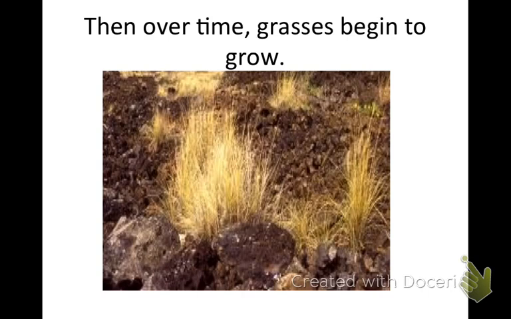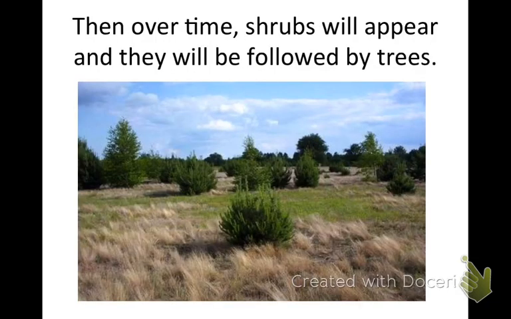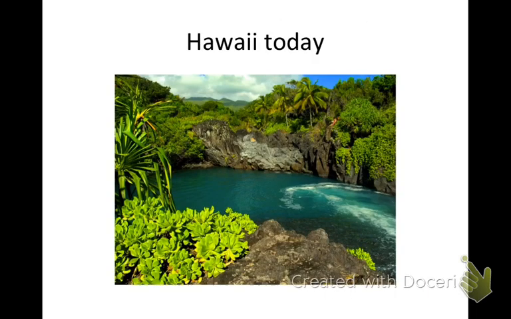And then over time, some grasses moved in because they didn't have any competition. And then over time, there were some shrubs and some little bitty trees that started to show up because there was room for them. Which eventually, there's Hawaii.